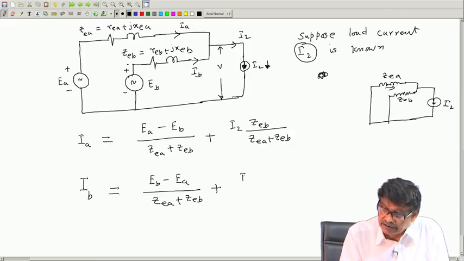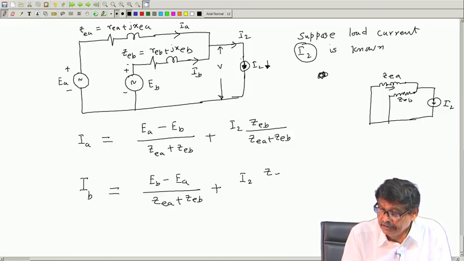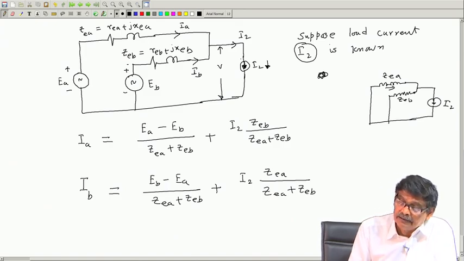So, the total current I2 into the impedance of the other branch JDA divided by JDA plus ZEB. This is the thing.